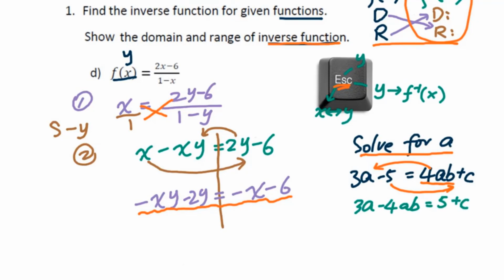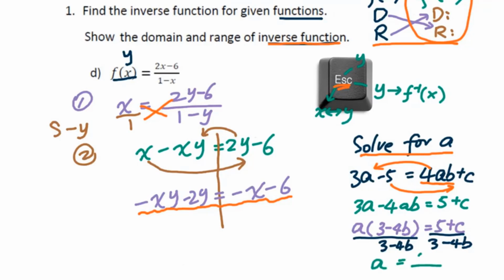Next step, we take a out by common factor. So we get a times (3 minus 4b) equals 5 plus c. The next step, divide by 3 minus 4b on both sides. Then we got a equals (5 plus c) over (3 minus 4b). Remember, this a is a very critical common factor.